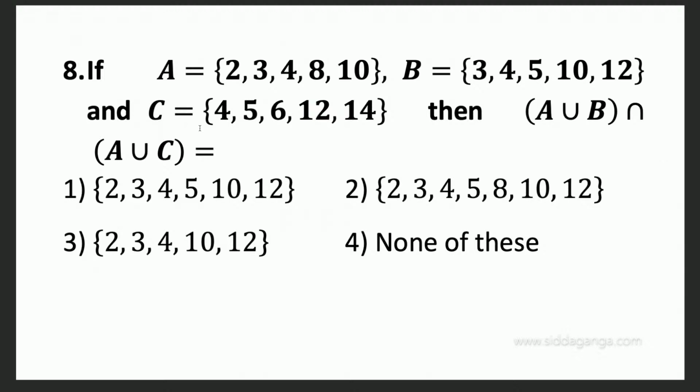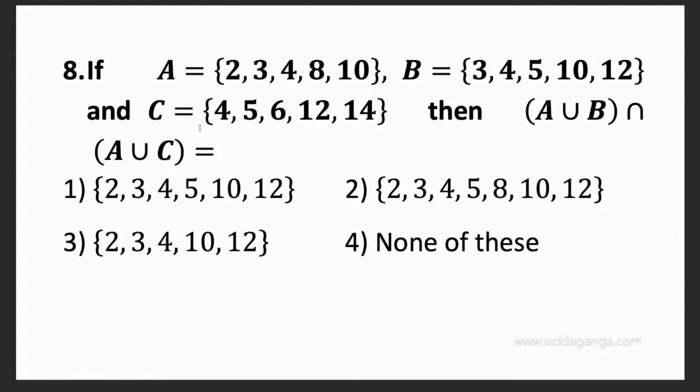We have to solve this problem by the analytical method only. He has given A is equal to {2, 3, 4, 8, 10}, the A set. B set is {3, 4, 5, 10, 12}.